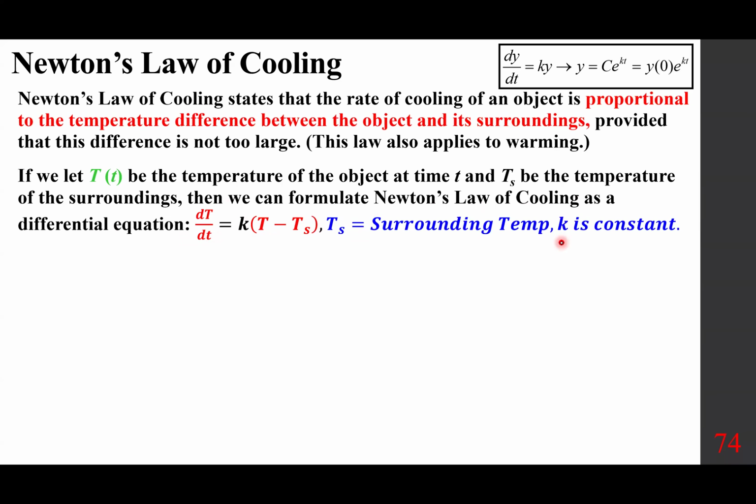Let's look at the reasoning behind that. First and foremost, this is given: dT/dt is k times (T minus T sub s). So that is what this statement says. Newton's law of cooling says that the rate of cooling of an object is proportional to the temperature difference between the object and the surroundings.